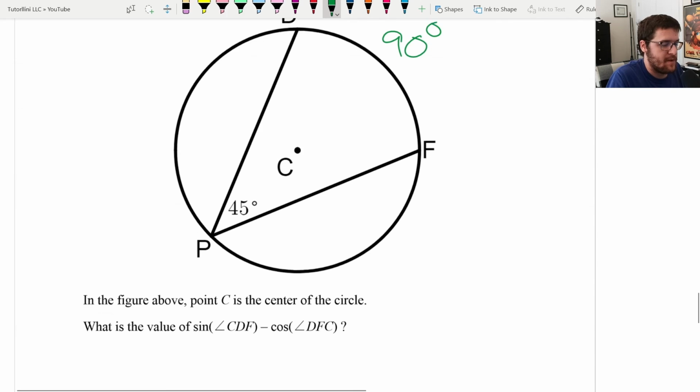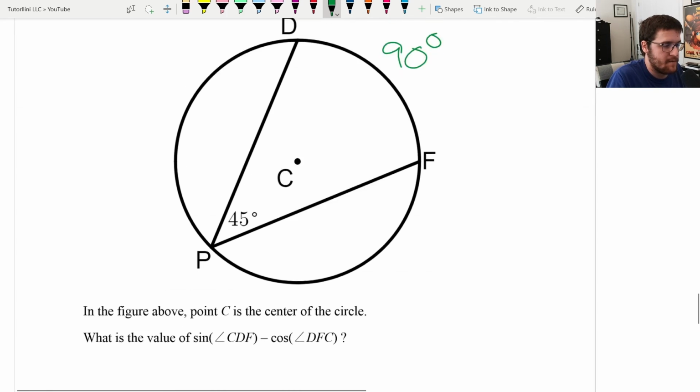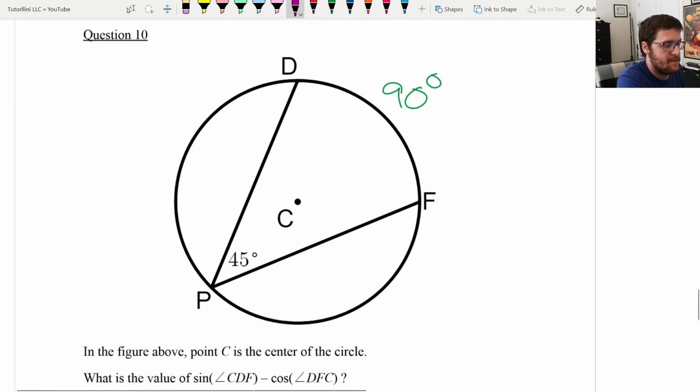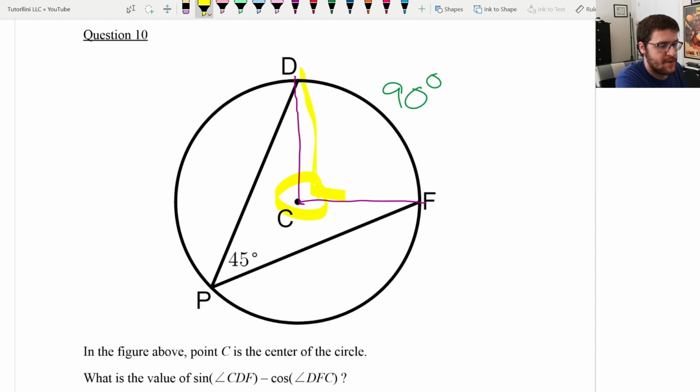And you can maybe tell by reading this question that we're going to need to draw some radii here. So let's do that. The central angle, which is what this is called because it's the angle made with the center, is equal to the arc it subtends. So that means this is also equal to 90 degrees.